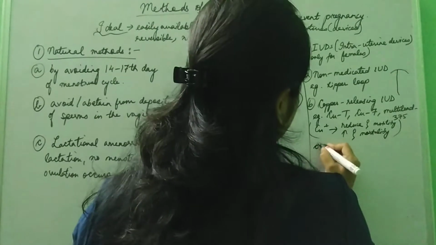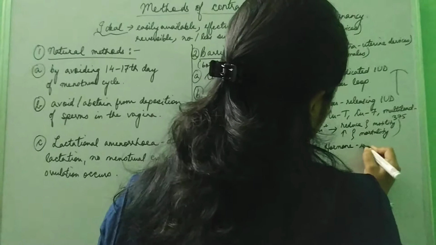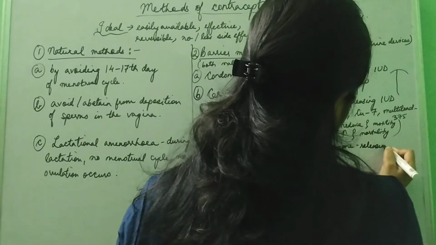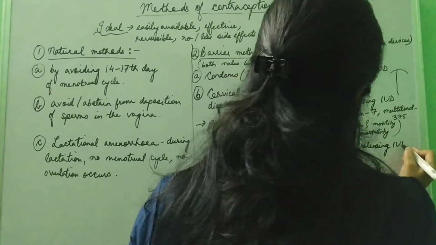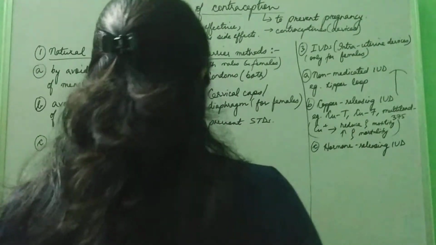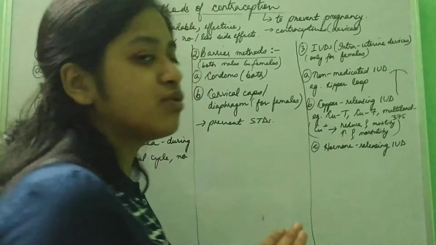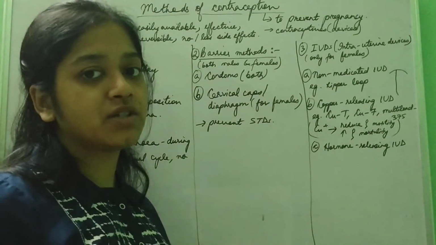Next is hormone releasing IUD. As the name suggests, these will release hormones, and these hormones make the uterus unfit for implantation.